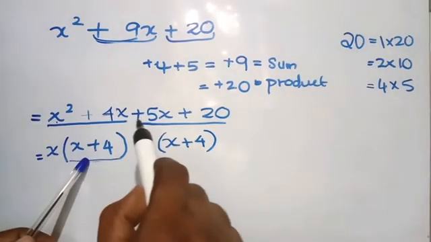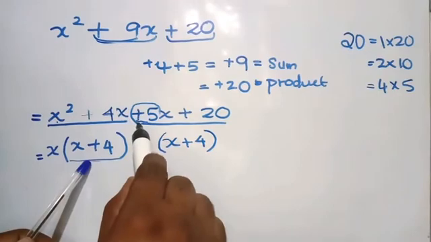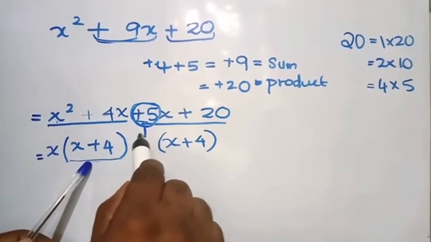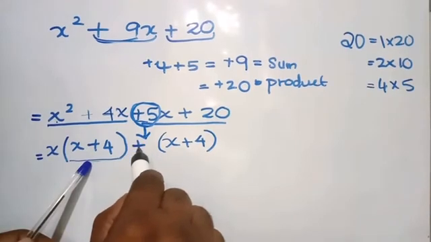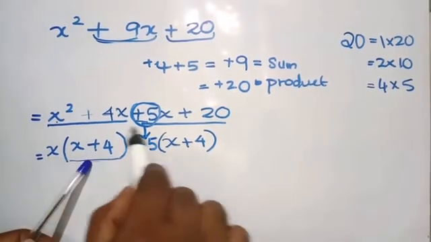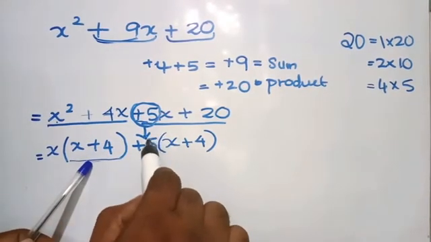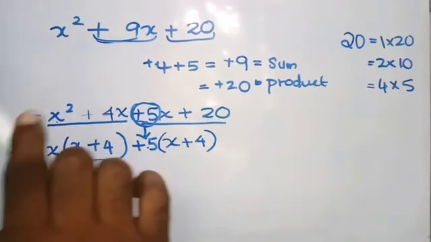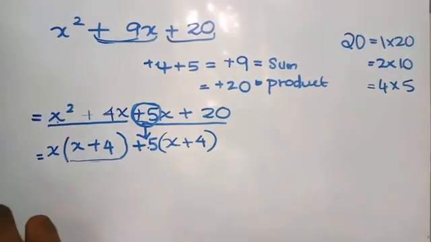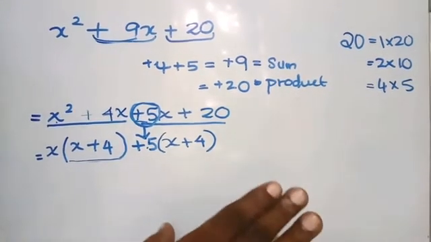Okay, now in your second group, the first coefficient, the first number, is plus 5, no? Just write it down here. Now multiply and see. Plus 5 into x, 5x. Plus 5 into plus 4, 20. You get the answer. This is just a shortcut, and before using this shortcut you have to verify whether it is properly done.